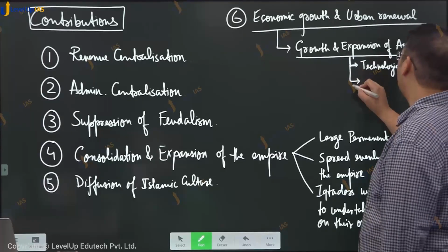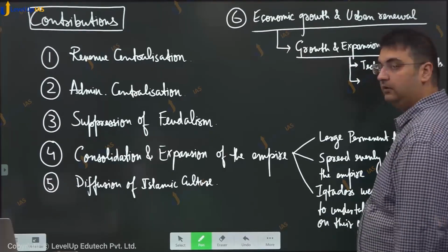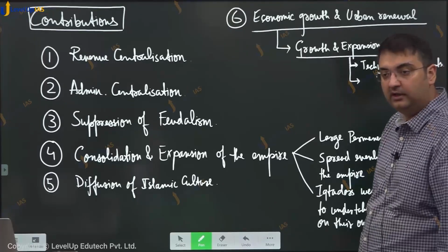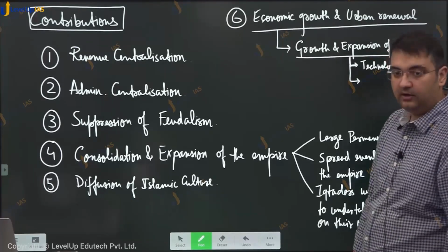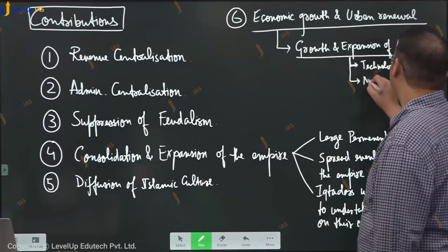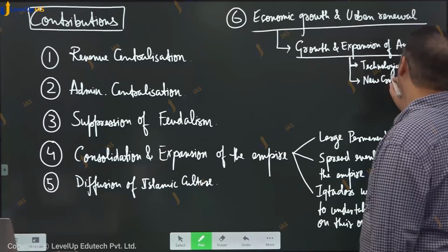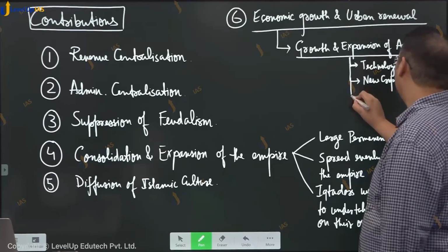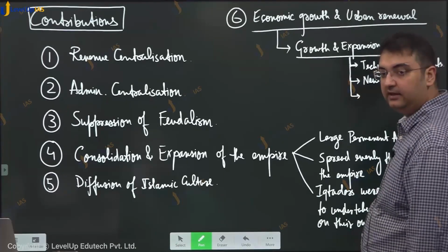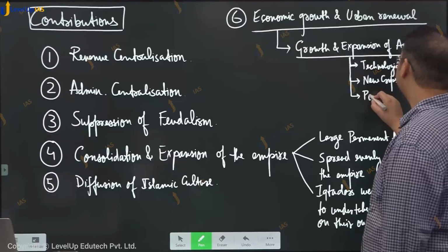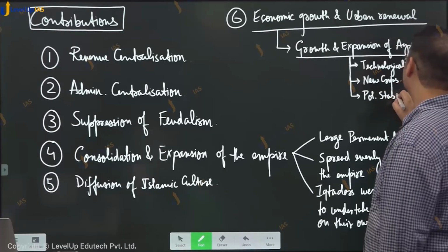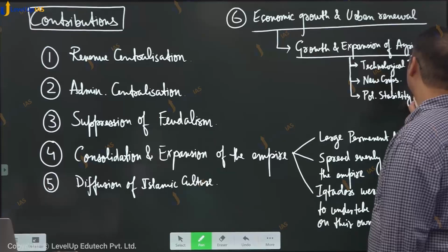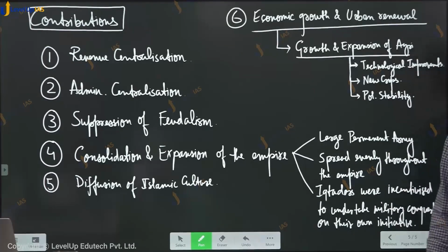The introduction of new crops which were more valuable into areas where till now they were not being cultivated, and by providing the necessary political stability due to the creation of a strong military apparatus and suppression of feudalism.